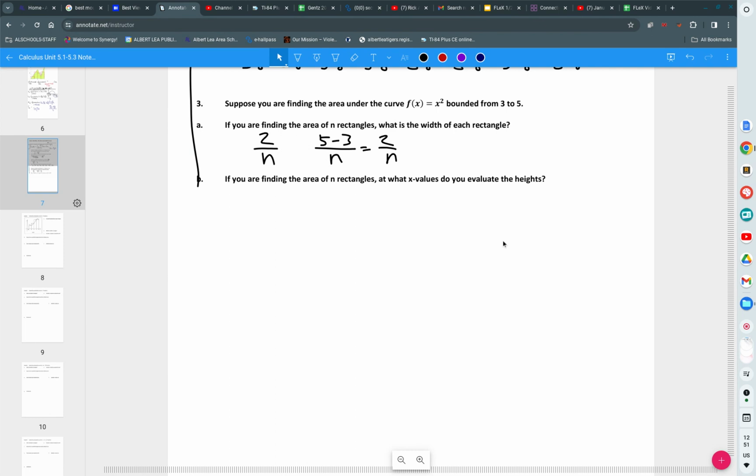If you're finding the area of n rectangles in that situation, at what x values do you evaluate your heights? This is a little bit more challenging. I'm giving you a minute to think about this. See if you can write down the first 3 or 4 spots where you evaluate the heights.